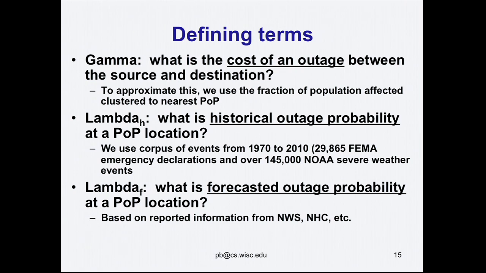And then we also include a dynamic component, which is the forecasted probability of risk as it relates to physical locations in the path of, again, think of a tornado or a hurricane. And this would be information that would be available from the National Weather Service or National Hurricane Center in terms of an evolving threat.